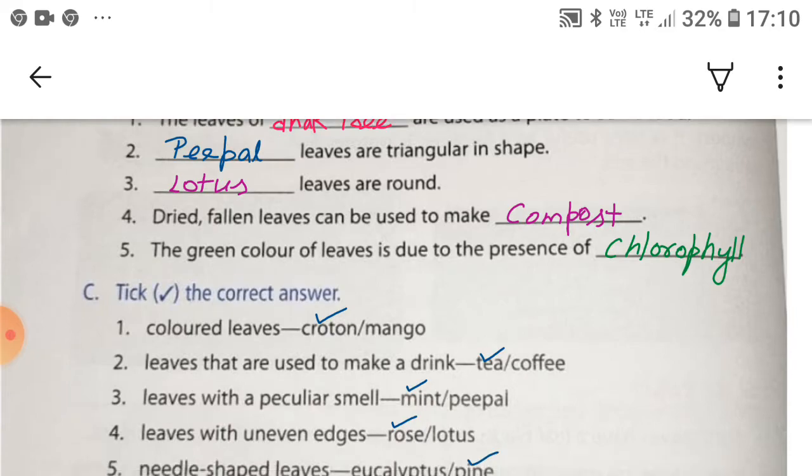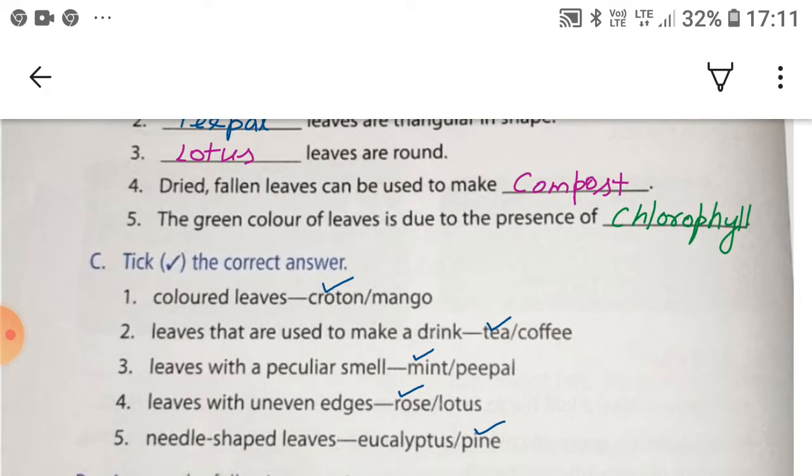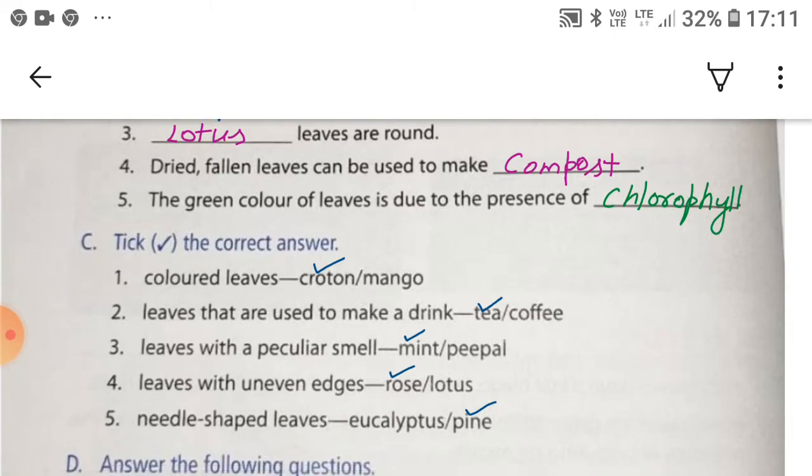Third, lotus leaves are round. Fourth, dried fallen leaves can be used to make compost. Fifth, the green color of leaves is due to the presence of chlorophyll.